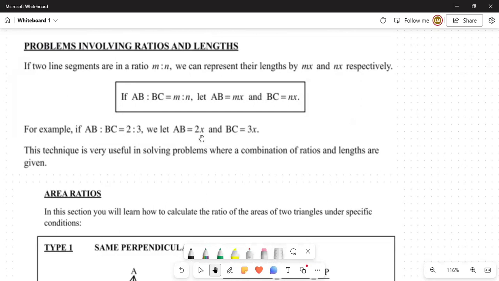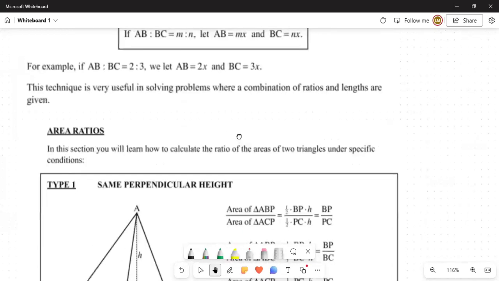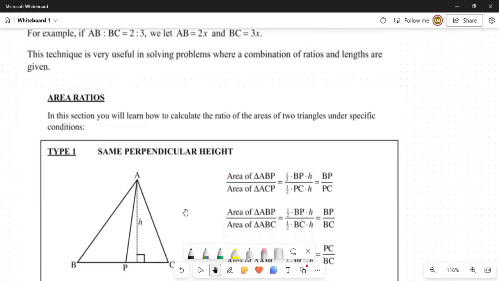It's something they share in common. It's just for us to understand the relationship that we have between one length and the other. So in this case, AB is 2 times x, whereas BC is 3 times x. So you need to be able to understand that ratio there. I think when you do that, it makes these ones a little bit easier to deal with.